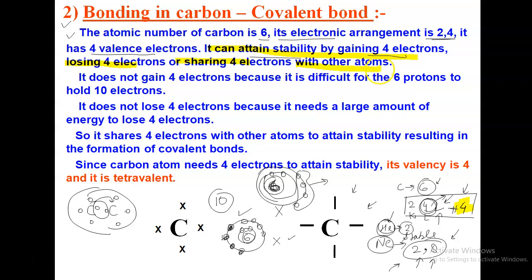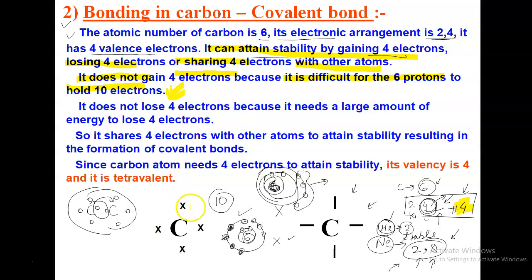Carbon finds it very convenient to share its electrons with one another. It does not gain 4 electrons because it is difficult for 6 protons to hold 10 electrons. This is the reason why carbon does not gain 4 electrons.